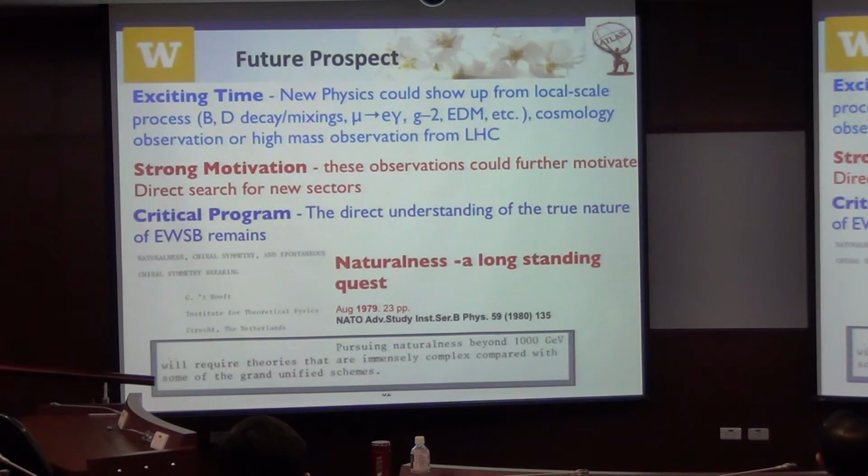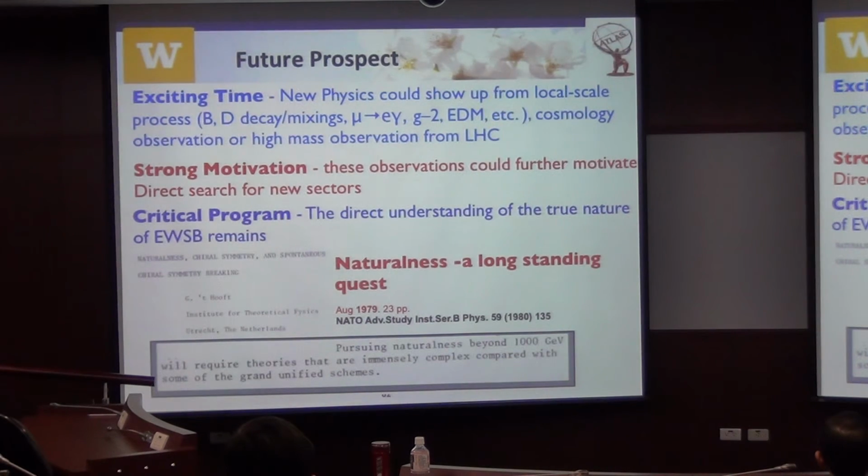For example, Super Belle and LHCb are now giving a lot of new results. The LHC is also producing a lot of new results, so Super Belle might be able to catch up and give us competitive results. Then we also have the new g-2 experiment coming up from Fermilab. They could give us an energy scale for what the new physics will be.